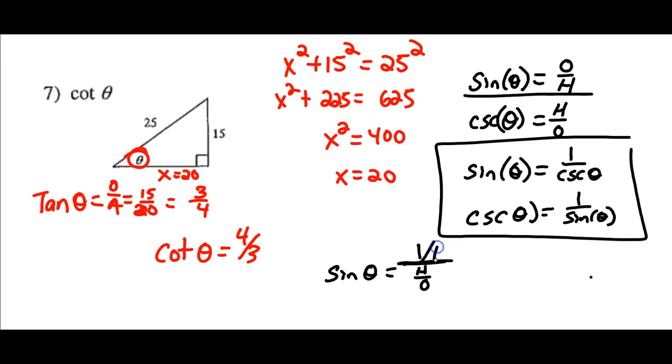So if I make that a fraction, 1 over 1, I get a fraction divided by a fraction. Let's simplify that. We keep the first fraction, we flip the division to multiplication, and then we flip this one right here, so it becomes O over H, and then multiply straight across, you get sine is equal to opposite over hypotenuse. So it shows you we can rewrite sine as 1 over cosecant.